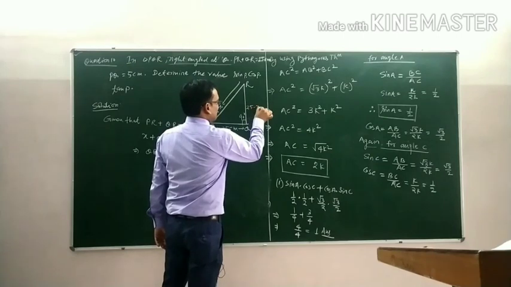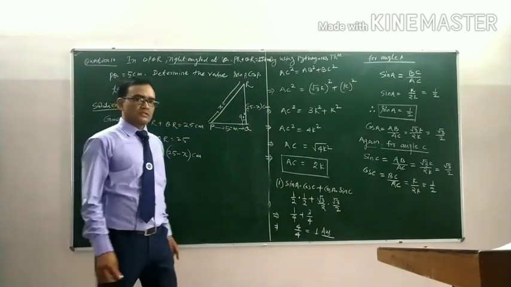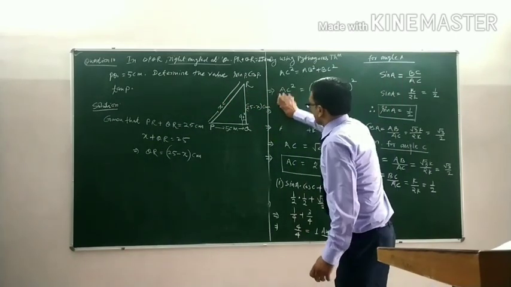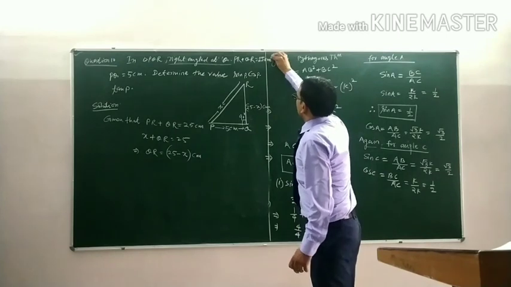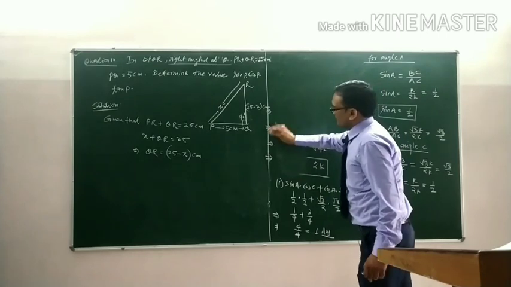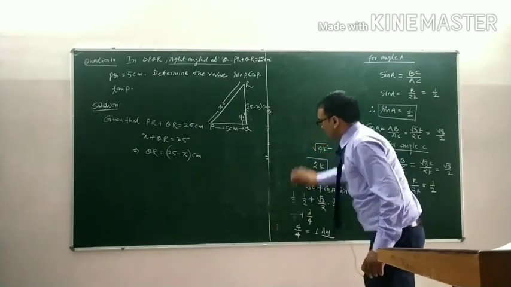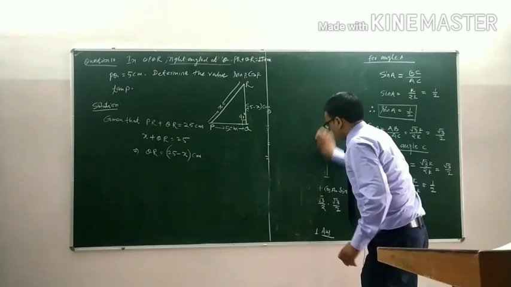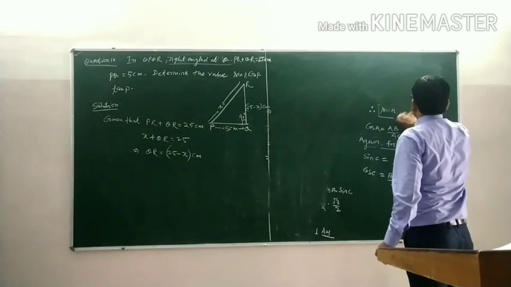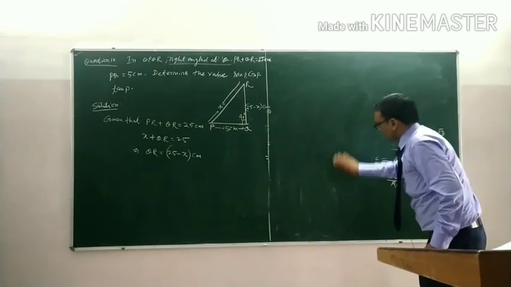We consider the length of side PR, then according to the question QR is 25 minus x. That means here we have the lengths of the three sides of the triangle.